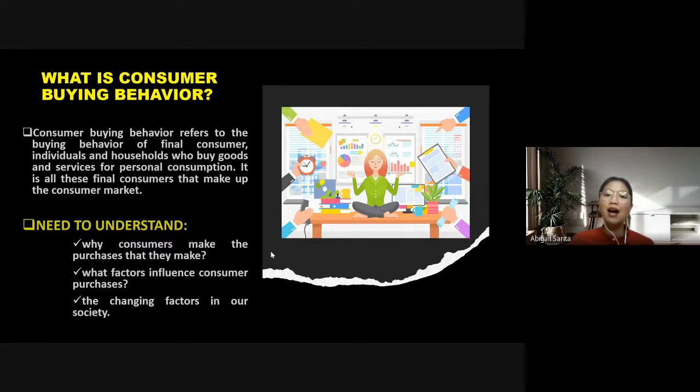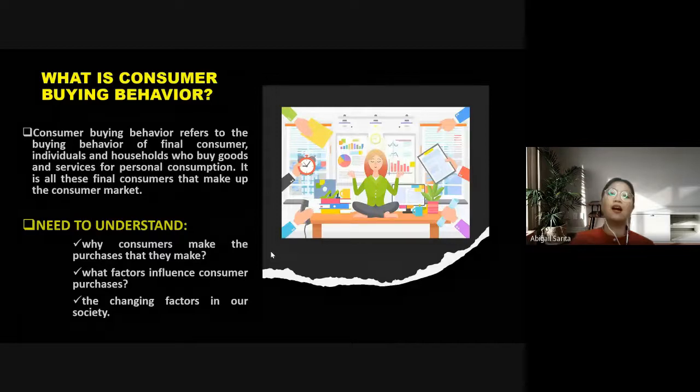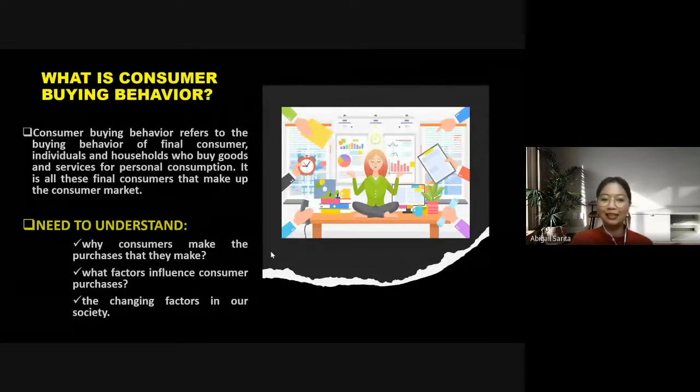So somehow it will catch your attention, and once it catches your attention, you will see reviews of the products and services and mapupush ka to purchase or to buy that products and services. So society has a very big impact kung ano yung trending or kung ano yung patok nowadays, gusto natin meron din tayo nun or gusto natin makakapag-avail din tayo ng ganong products and services.